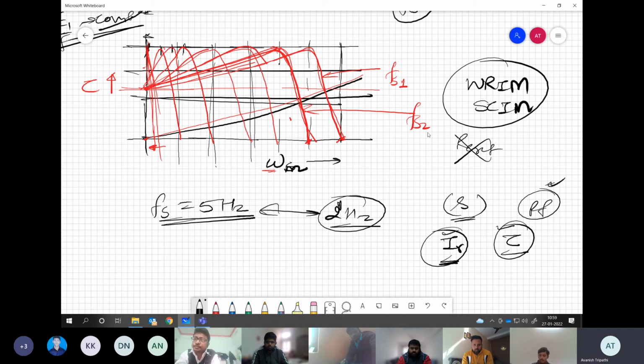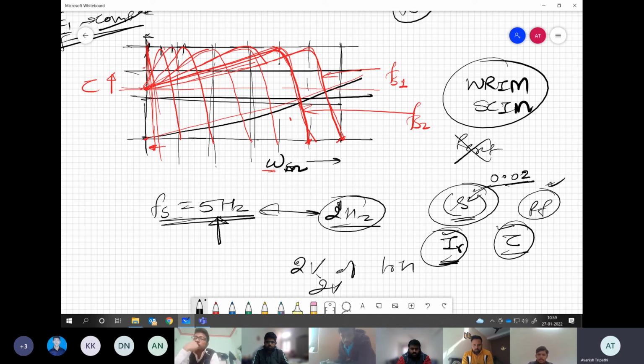You can compute and do all the calculations, because when slip is maintained at the rated value, say 2%, 0.02, all the computations become good. And this 2% slip could correspond to any synchronous frequency, 2% of 10 Hertz or 2% of 50 Hertz. It's always 2%. What is important? Understanding my point?